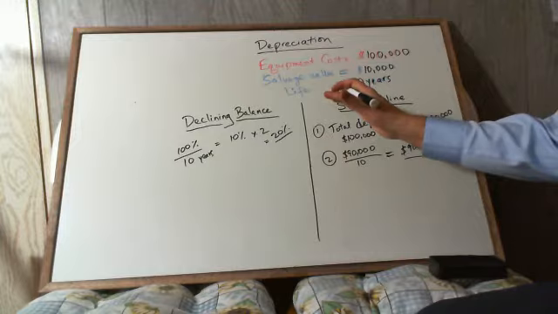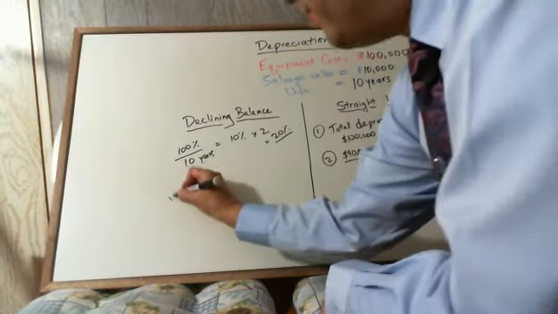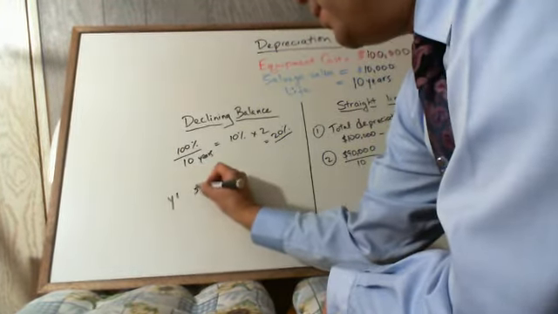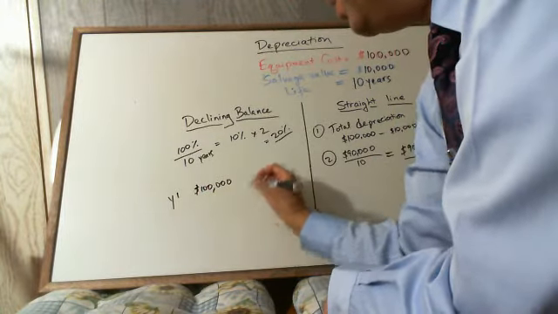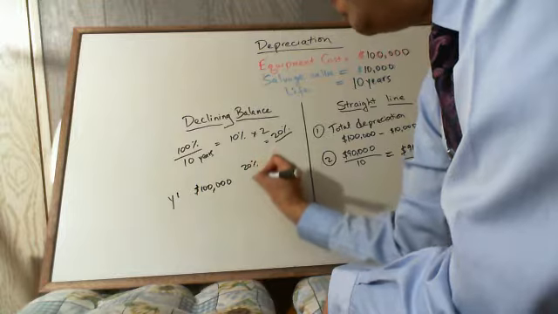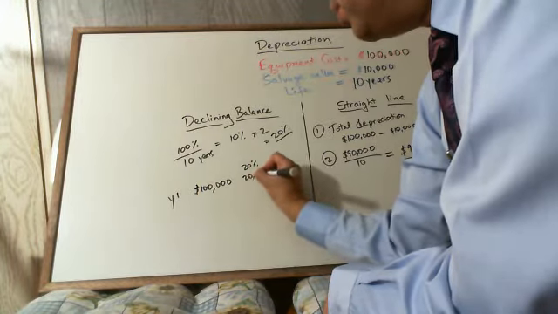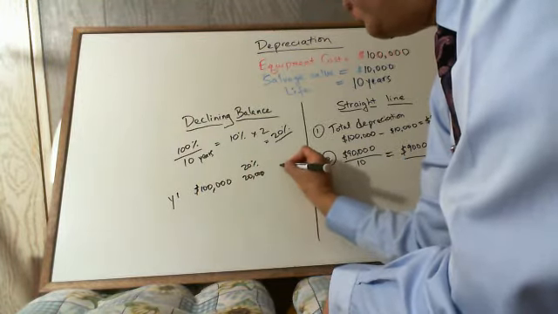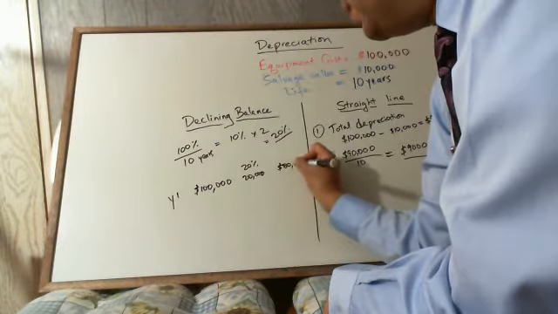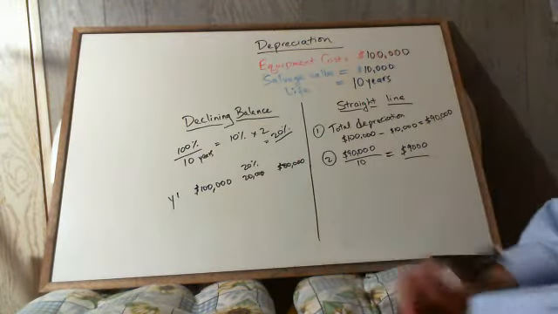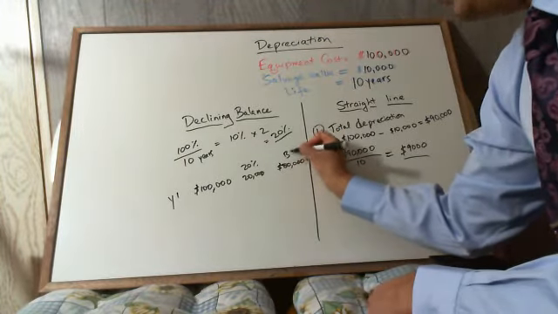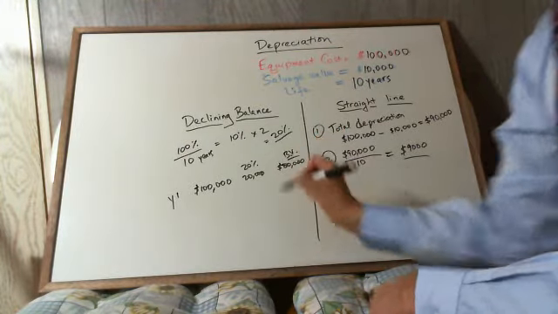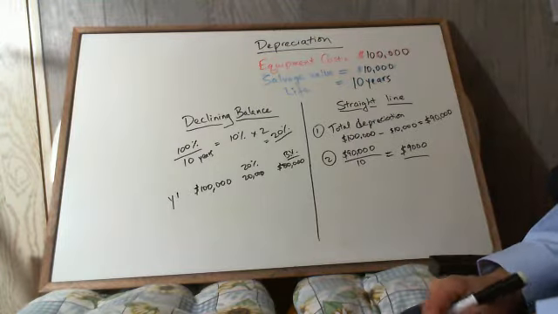How we calculate that is, in year 1, we have $100,000 as the value of the equipment. 20% of that is $20,000, so we are left with $80,000 as the new book value. That is how it will be in year 1.